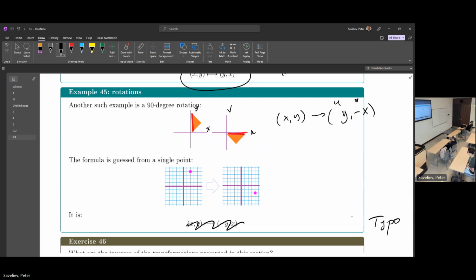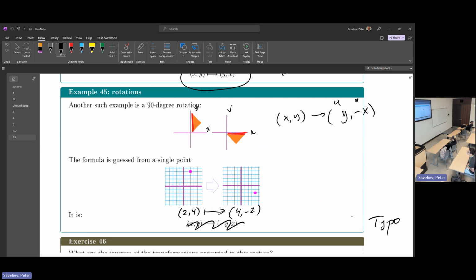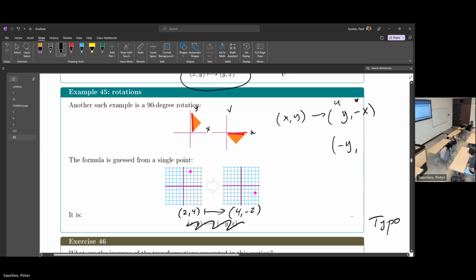Right here. So that point over here that used to be 2, 4 has become, what has it become? 4, -2. Okay. So the second coordinate is flipped. If I flip, what do you think this is?